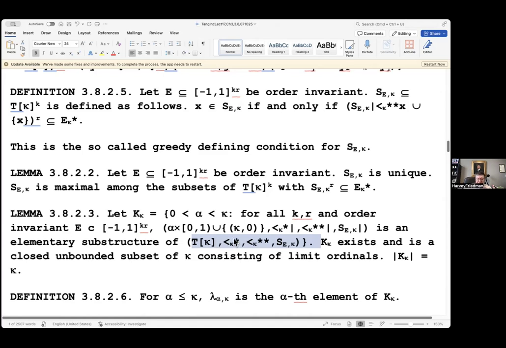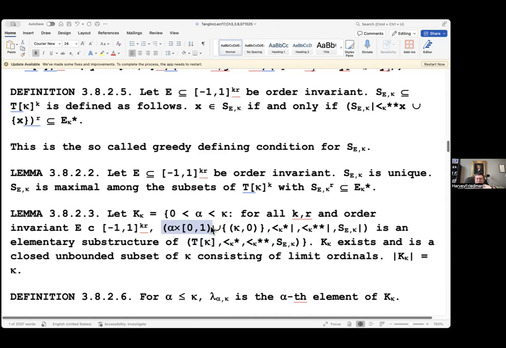And so an elementary substructure has got to have kappa_0 in it, of course. But what else does it have? Well, since kappa is an uncountable regular cardinal, we can force this to be a no gap. This is exactly what no gap means when you take the elementary substructures.